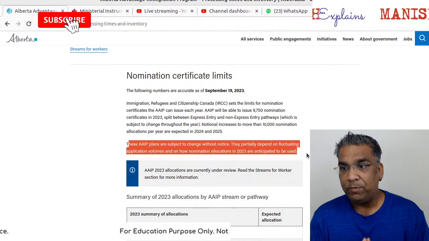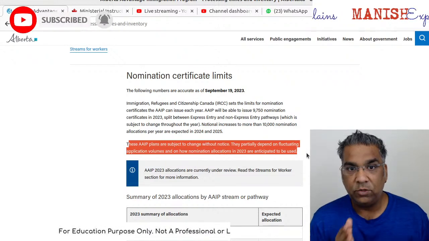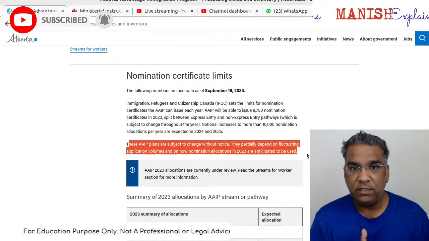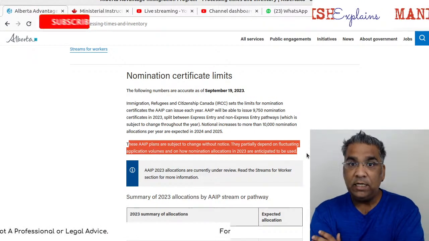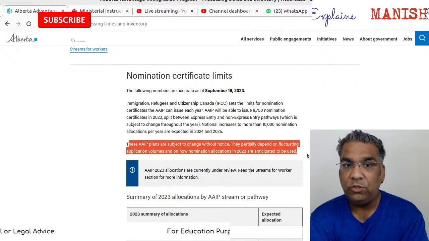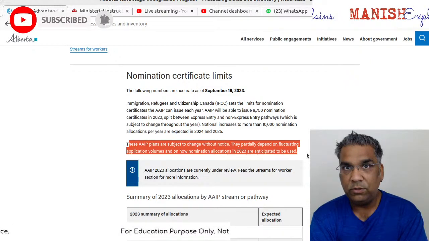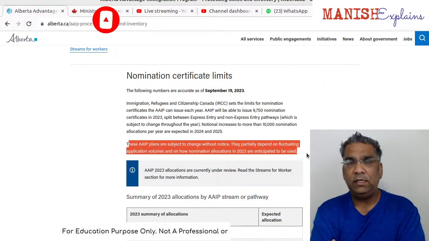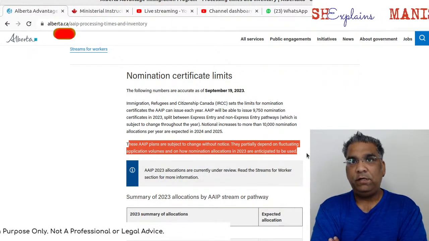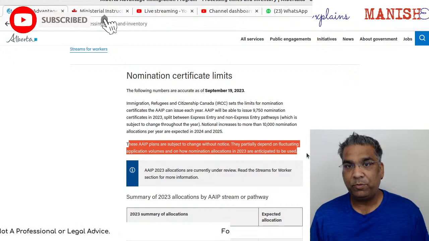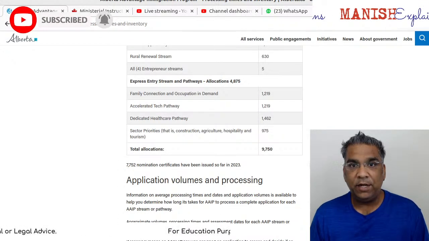But they can change. These plans are subject to change without notice. And as I was saying earlier, it depends on the fluctuating application volume. So if there is high interest in any one of the streams, AIP can very well decide to switch the numbers. I don't see anything that is cast in stone.